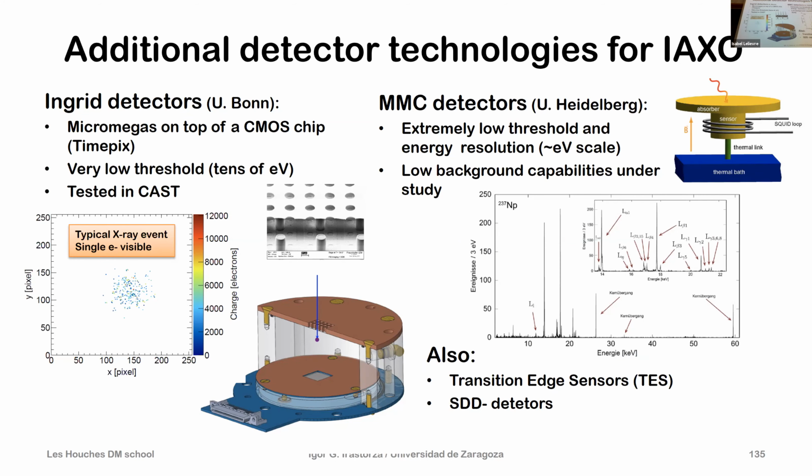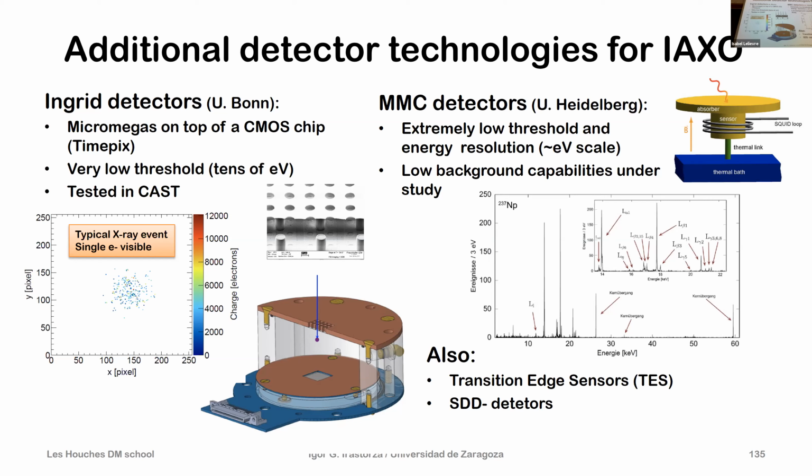One could also imagine detecting these X-rays with different technologies, and there are several other technologies being proposed in the community. It is just for your information to have these names in mind. There are Timepix detectors, which are a more modern version of the micromegas gaseous detectors, the same principle but with a chip instead of a PCB.